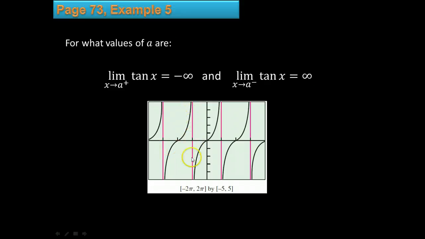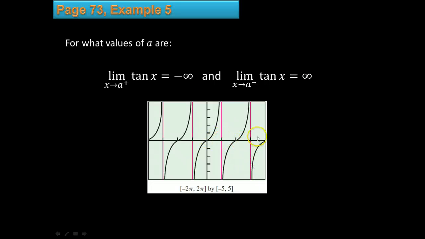And at this red line here, as we approach a from the right side, my function's running off to negative infinity. Here this is 0, and this is pi, so this would be negative pi over 2. So we have negative 3 pi over 2, negative pi over 2. Here we are running off to negative infinity again as we're approaching from the right at positive pi over 2, between 0 and pi.